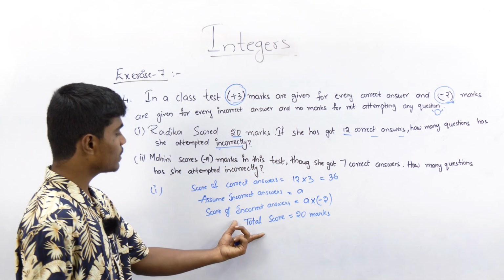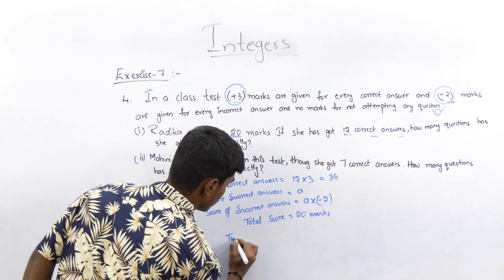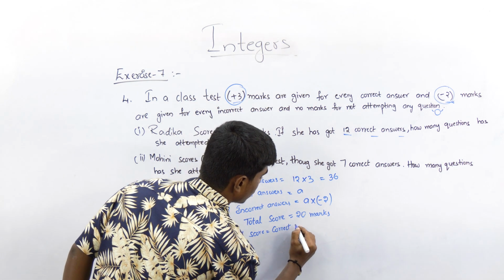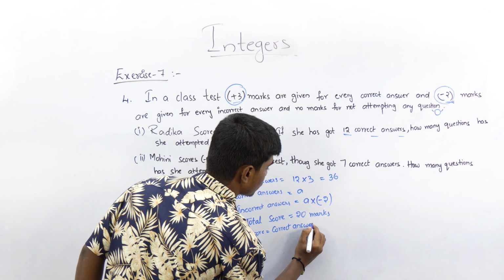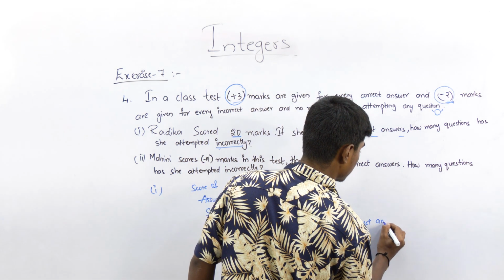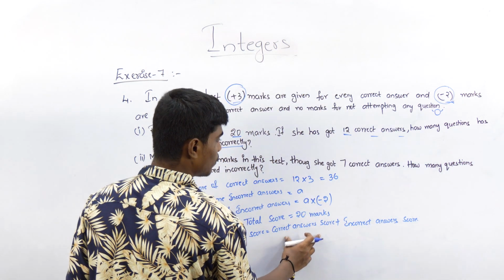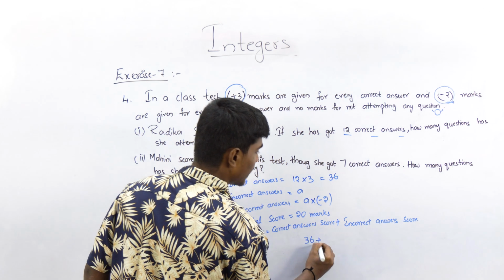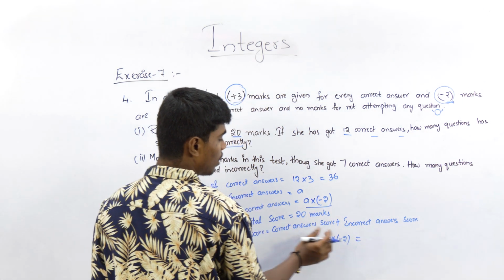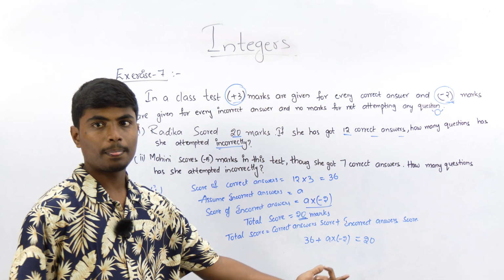As we know, total score is equal to correct answer score plus incorrect answer score. So, 36 plus incorrect answer score, A into -2, is equal to the total marks, 20.